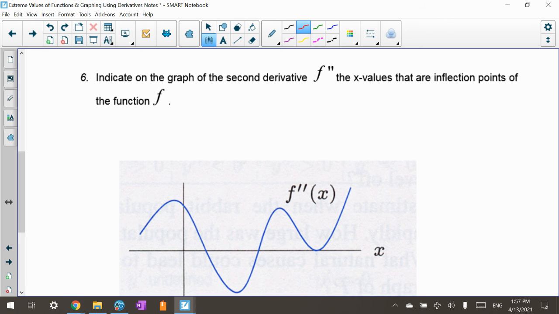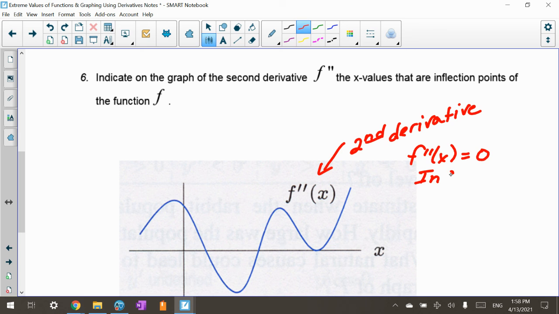The last one here is 6. It says indicate on the graph of the second derivative. Now this is the second derivative. This is a graph of the second derivative. You've got to be careful what you're looking at. And this says indicate on the graph of the second derivative the x values that are inflection points of the graph of f. So if this is a second derivative, I know that f double prime of x equals 0 are my inflection points.